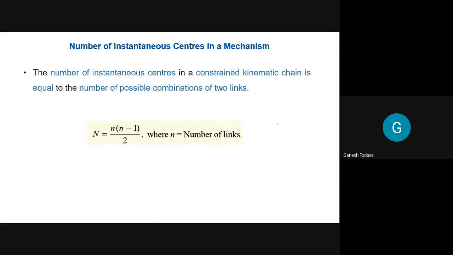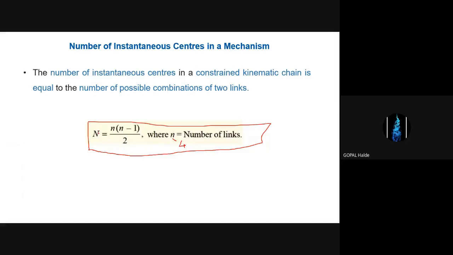Okay. Now we'll talk about how many instantaneous centers will be there in a mechanism. So remember, the number of instantaneous centers in a mechanism is determined by using a formula which is on your screen, that is N = n(n-1)/2, where the small n is the number of links. If there are 4 links in a mechanism, then small n is equal to 4, and capital N is the number of ICRs in that mechanism.